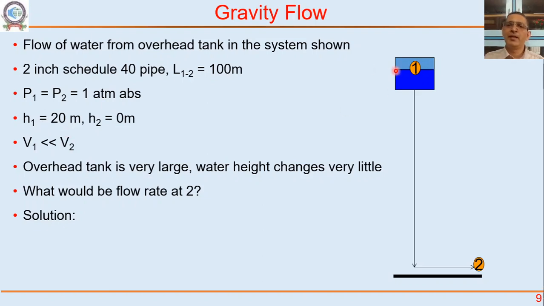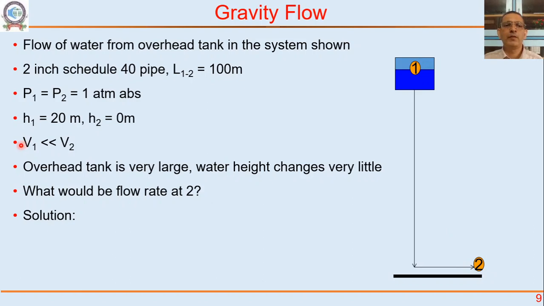We have taken in the earlier case a 10 meter tank. Let's just take another value, another problem. It's like a tall building if you want. H1, height of the liquid in the overhead tank, is, let's say, 20 meters. H2 is 0 meters, let's say ground floor. And V1, velocity in the tank, is very small as compared to velocity here.